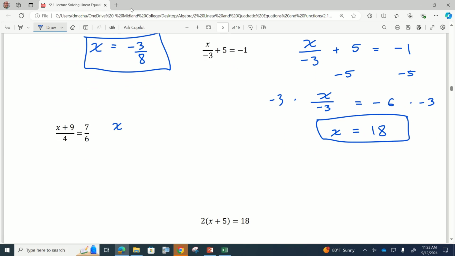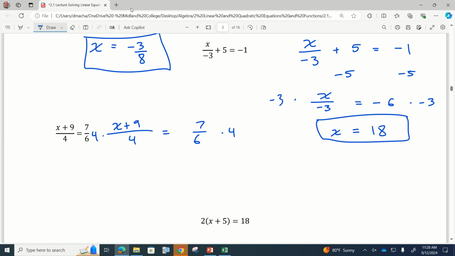If I want to solve x plus 9 divided by 4 equals 7 over 6, what's the first step? I'm trying to solve for x, and so maybe the first thing I'll do is multiply both sides by 4.